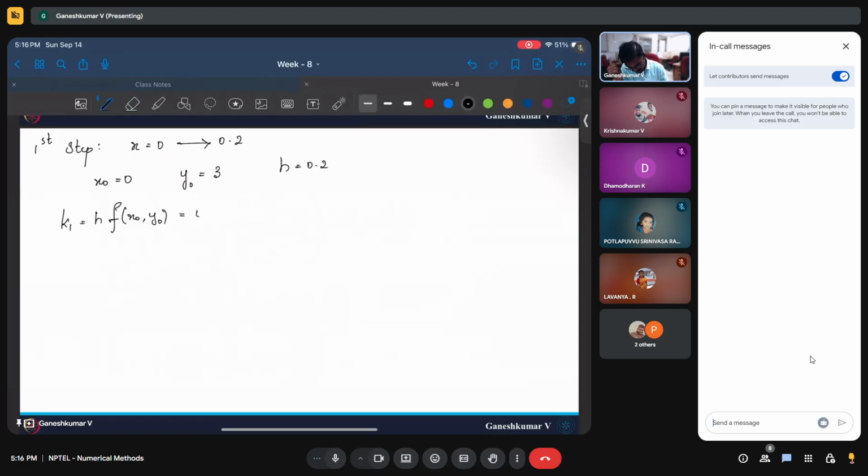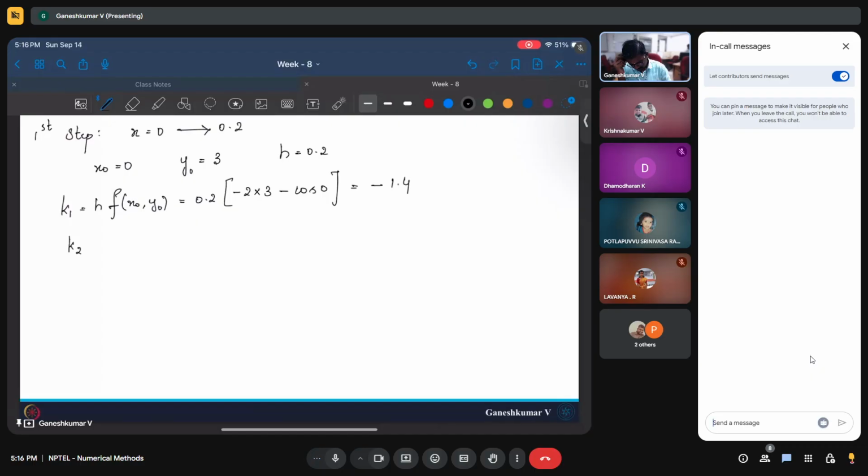You can see for all these methods, we maintained the step size the same as 0.2 in order to have a valid comparison. Here it's going to be 2 times 3 minus cos of 0.